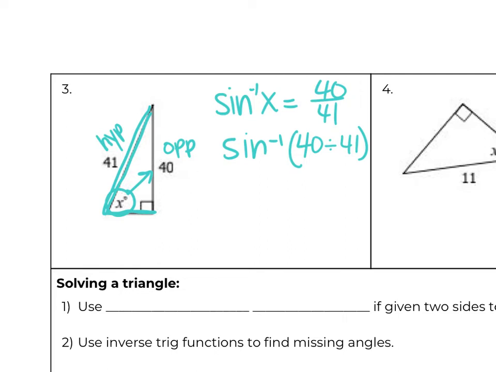All right. Matt, let me know what you got. Anyone else get 77.3? Good, perfect. So I would say x is approximately 77.3 degrees. No, I will not count off if you have the degrees, or don't have the degrees.